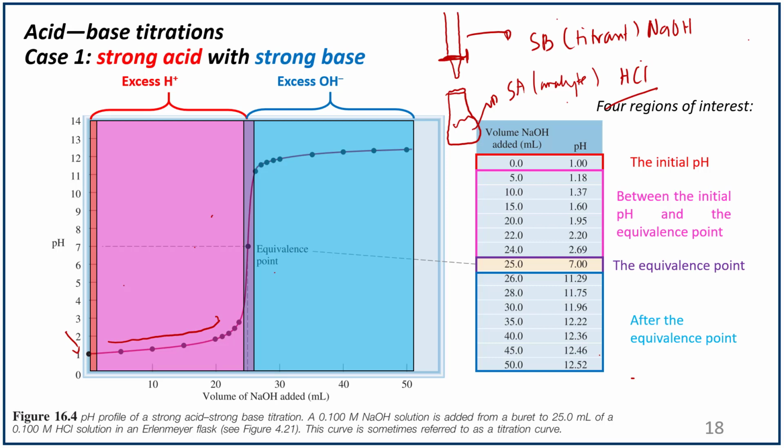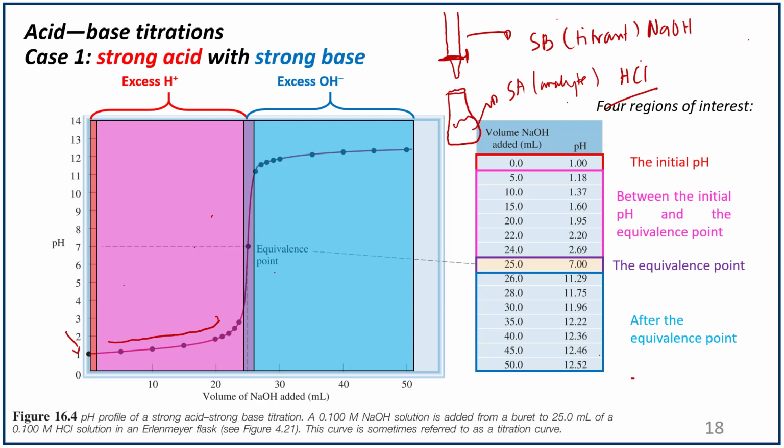Okay. However, at this pink region, which is the second region of interest between the initial pH and the equivalence point, the sodium hydroxide is the limiting reagent, whereas HCl is in excess. That's why the pH values are still acidic.